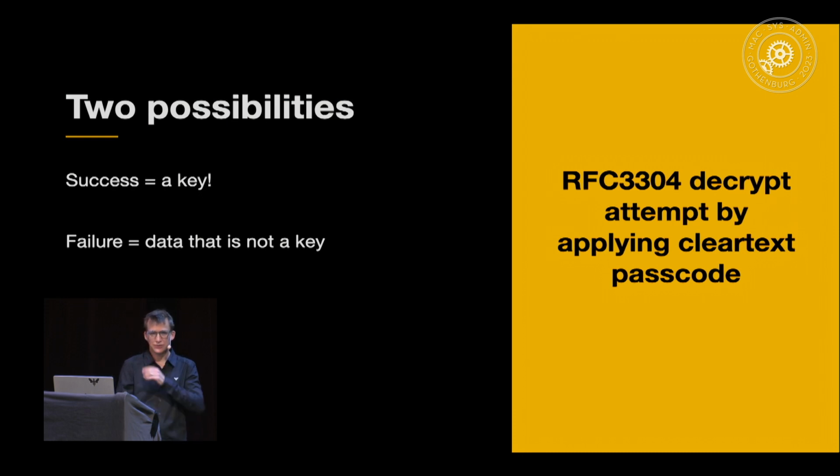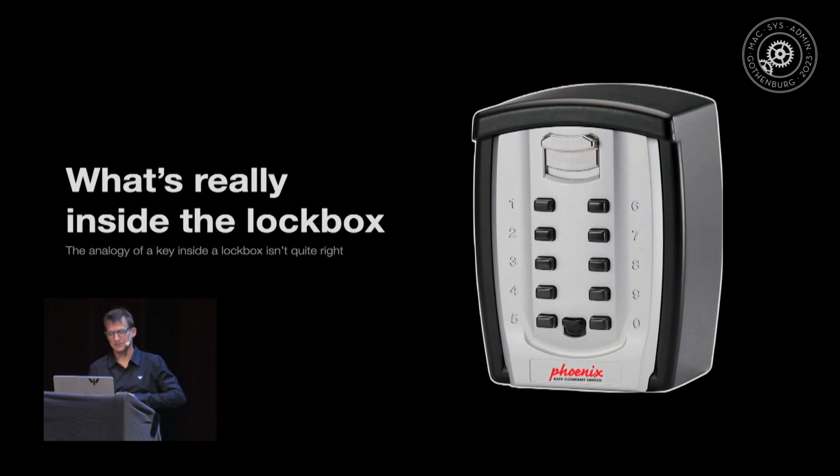When we try to use RFC 3394 to decrypt by applying a clear text password, there are two results. Either you get a key or you get some other data that's not a key, and that's a failure. So if the clear text password works to unwrap that key, then you've succeeded. You've provided the right clear text password.